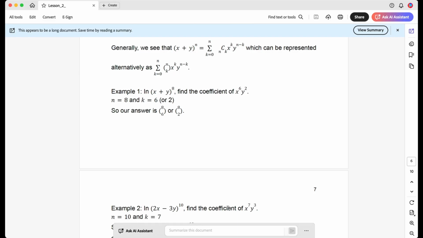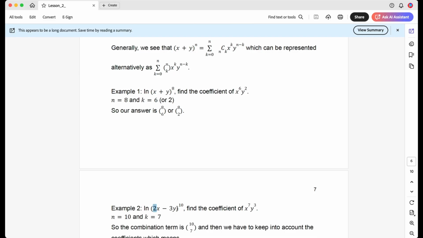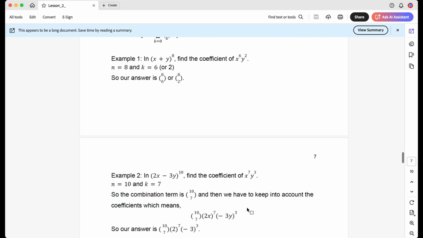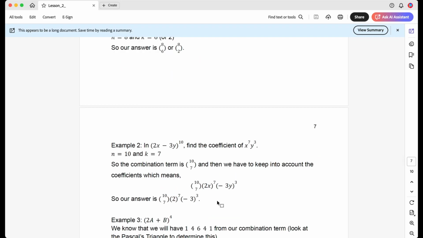So we're going to have our combination term, 10 choose 7 or 10 choose 3, in addition to these coefficients of 2 and 3 here. So you have to keep track of that. 2x, so 2 is going to be raised to the 7th, and negative 3 is going to be raised to the 3rd power. So our coefficient will be 10 choose 7 times 2 to the 7th times negative 3 cubed.